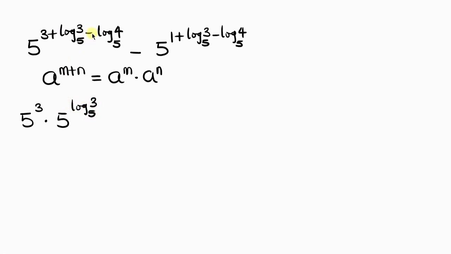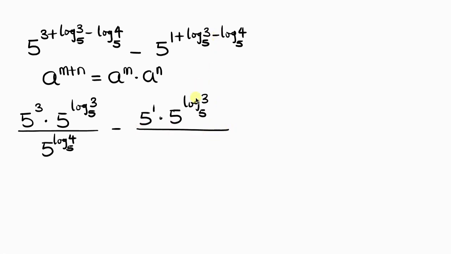Well, this negative sign shows this is a denominator, so I'm going to be putting all over 5 to the log 4 base 5. Very good. Minus 5 to the 1 times 5 to the log 3 base 5. Negative sign represents a denominator, so we're going to be putting all over 5 to the log 4 base 5.